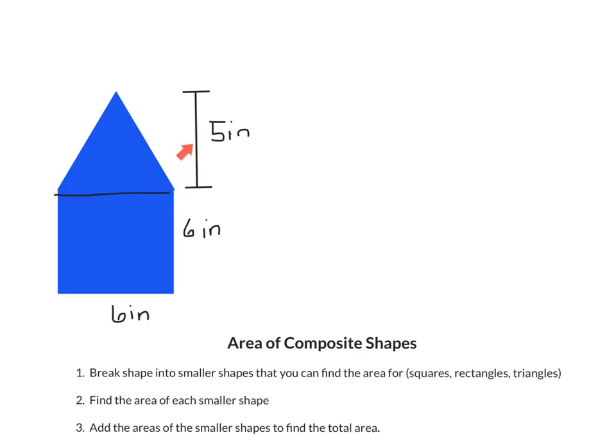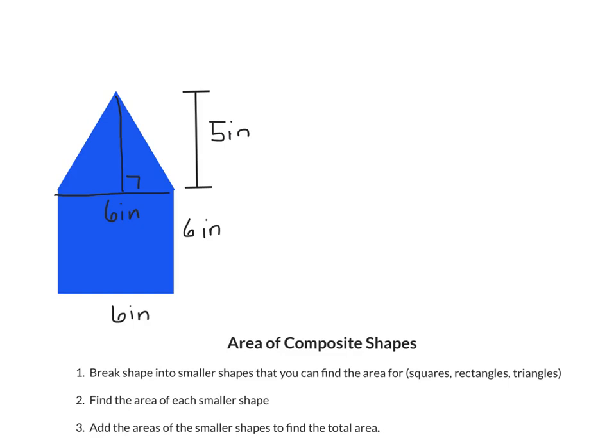If I look outside the figure, it's saying from this corner to the top vertex, we have 5 inches. So that's actually the height of my triangle. And I have this base, and I have to transfer the dimension of that base from this dimension down here. So if this is 6 inches, that means that this is also 6 inches. So let's put that in.